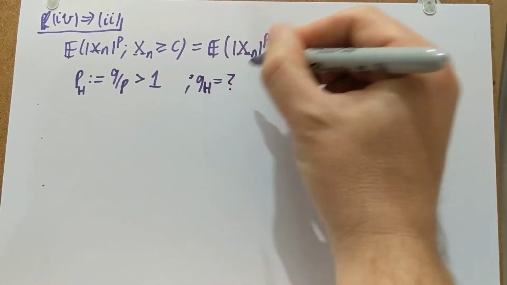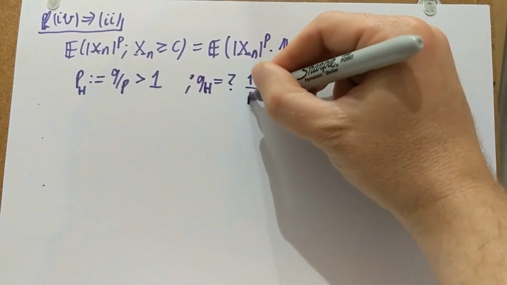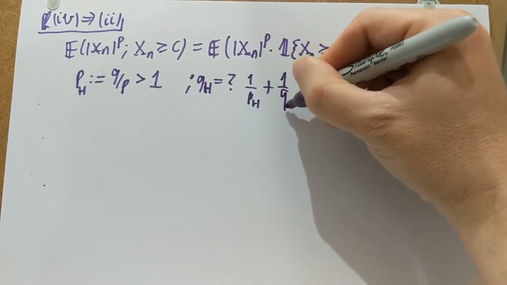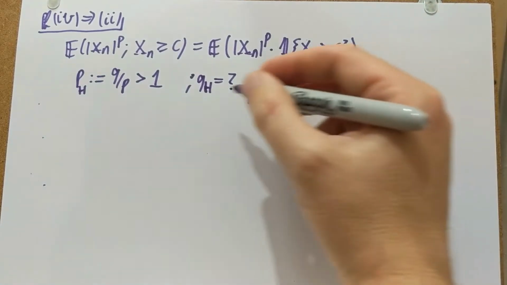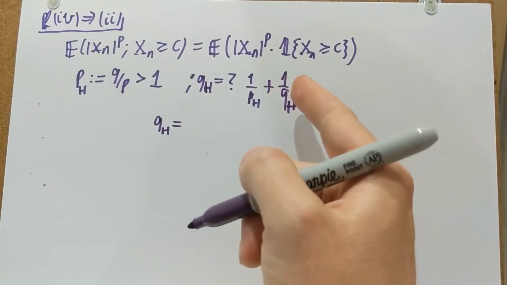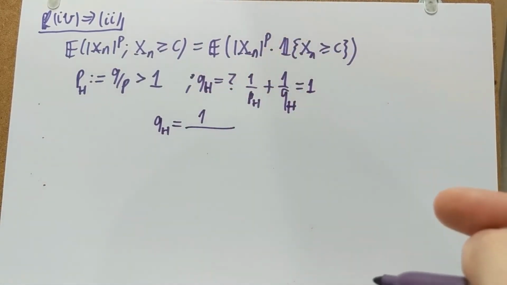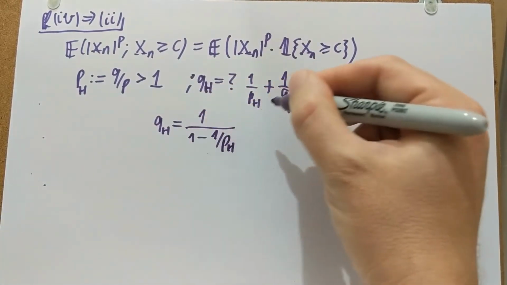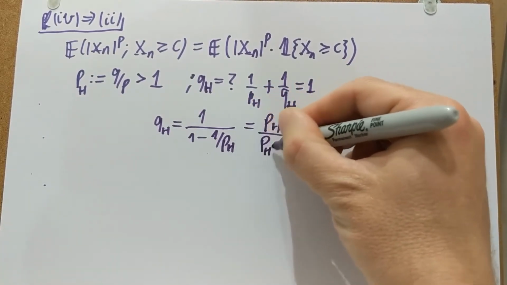Okay, so what is then Q Hölder that comes with this? Let's quickly do a calculation on that. In Hölder's inequality, I hope everybody remembers that we want these exponents to be larger than 1, and we want their reciprocals to sum up to 1. So that can easily be solved for Q Hölder. Q Hölder is going to be the reciprocal of 1 minus 1 over P Hölder, or if you want, P Hölder over P Hölder minus 1.